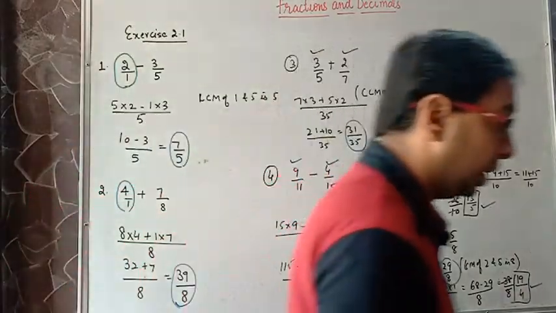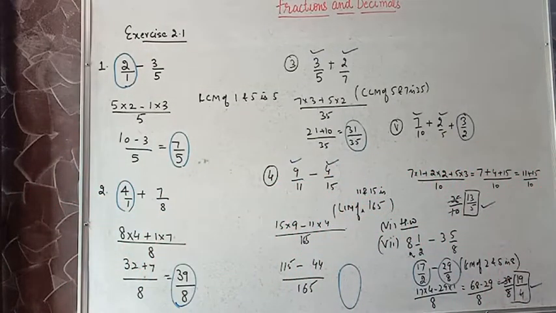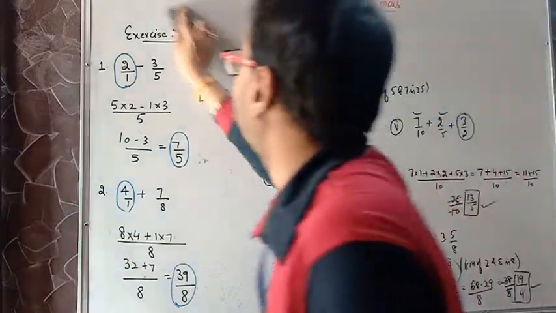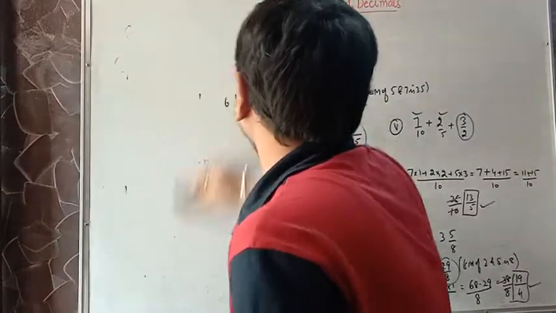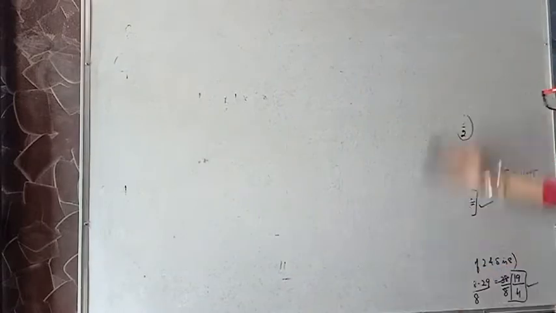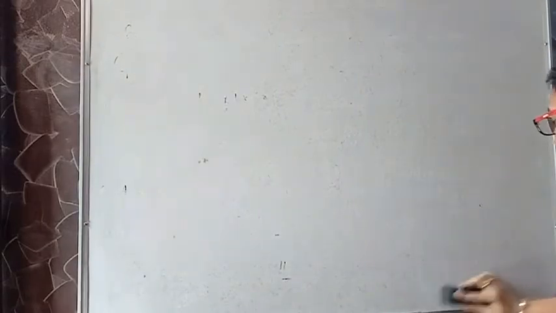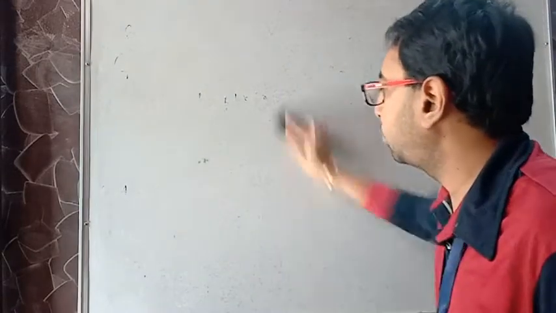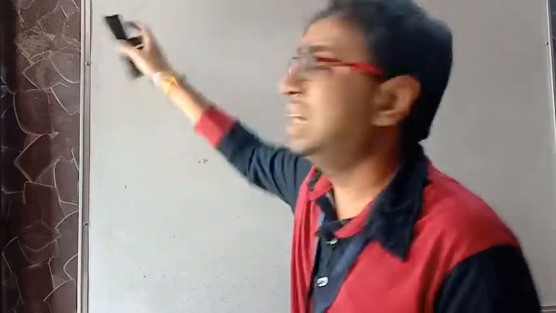Next question. Arrange into descending order. What do you mean by descending order? Descending order means from larger to smaller. So how to remember? Descend. Descend the hills.